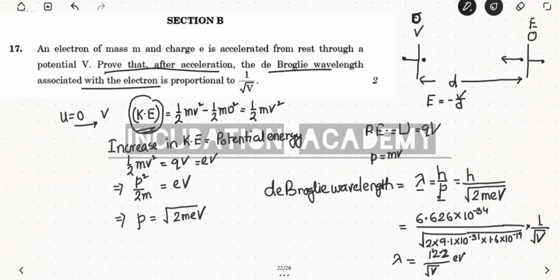Since it is a constant, lambda is proportional to 1 by root V. Clear? So the de Broglie wavelength is proportional to 1 by root V. Thank you all of you.